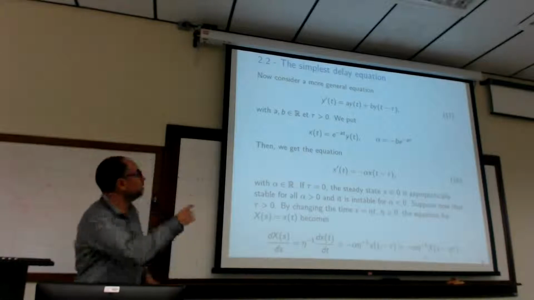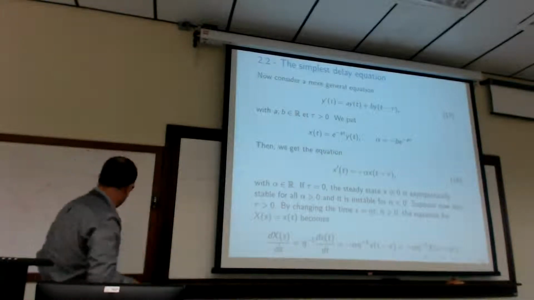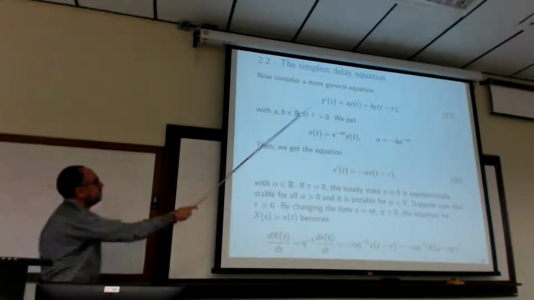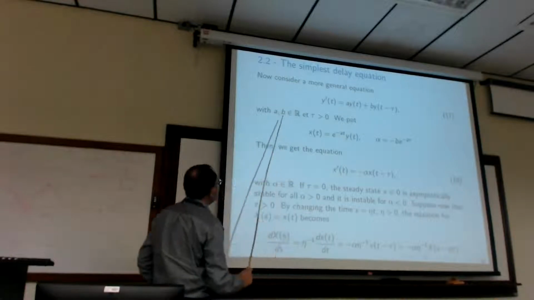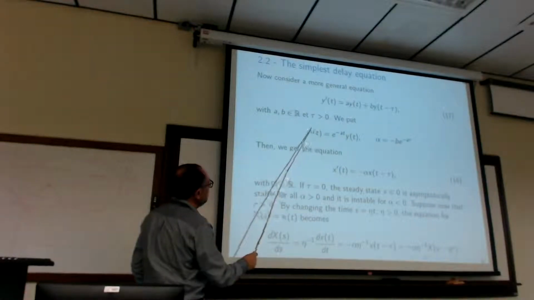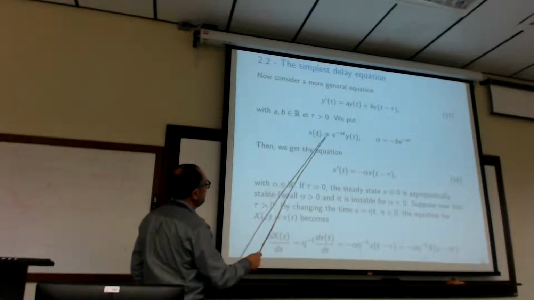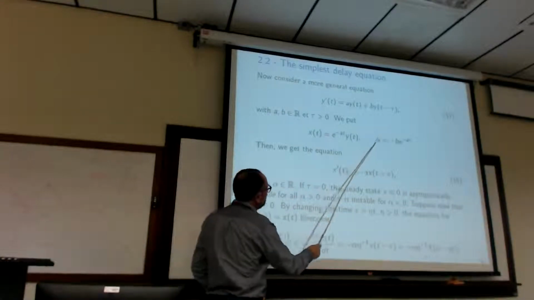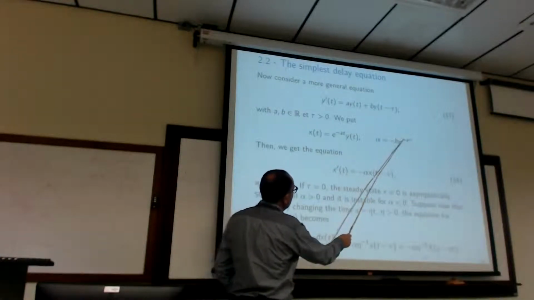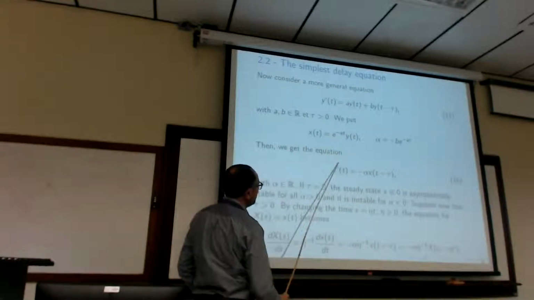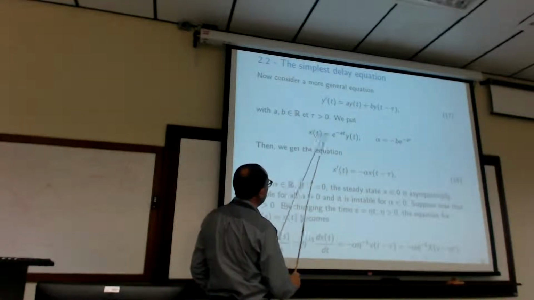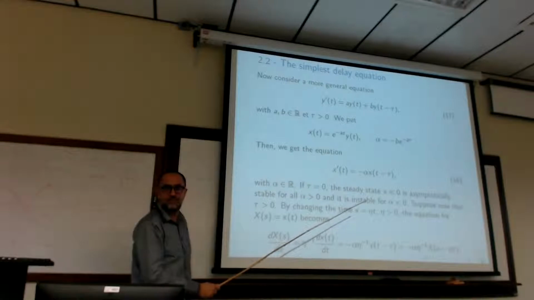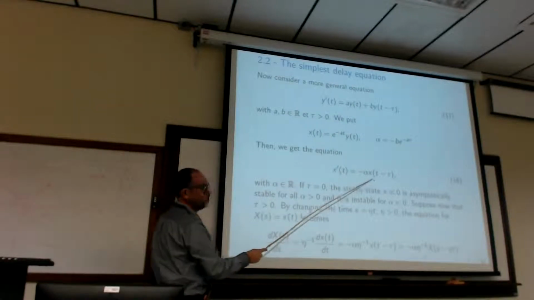Because if we take this more general one, and we take this change of function, x of t equals exponential minus kt y of t, and you put alpha minus v exponential minus a tau, then you get this. It's very easy: if you calculate the derivative of this and use this change of parameters, you obtain exactly this one. That means this is equivalent to this.